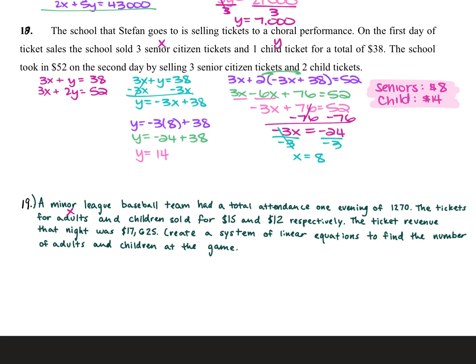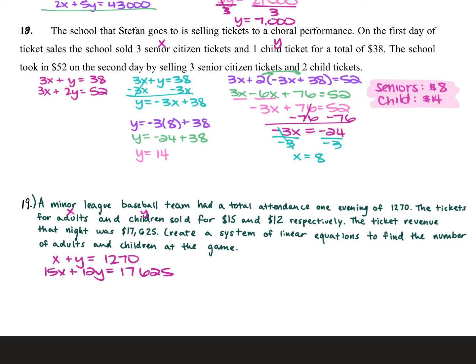If we use x for the adults and y for children, that would be x plus y is equal to 1,270. If we use the 15 and the 12 for the price of each ticket for an adult and a child, and give that with the total that was brought in, that would be 15x plus 12y is equal to 17,625.